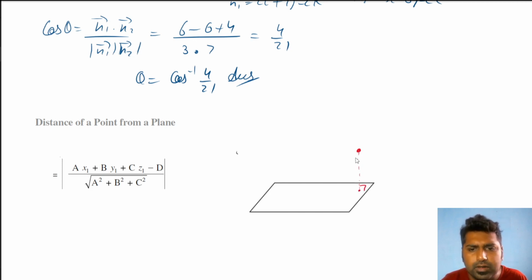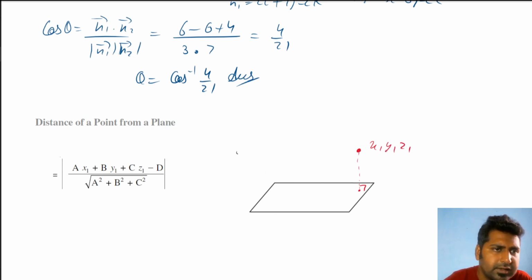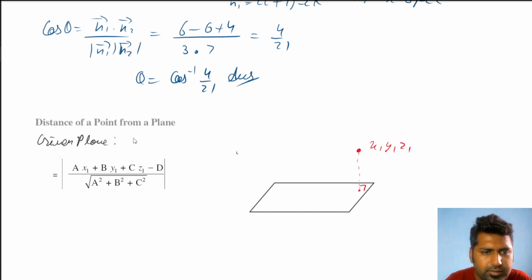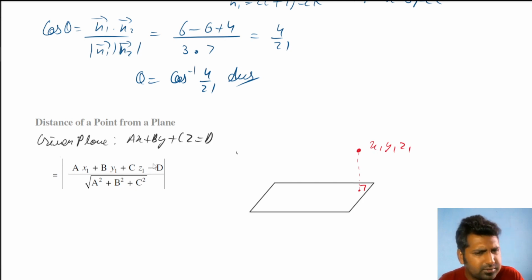This is some point x1, y1, z1. The equation of the plane is given: ax plus by plus cz is equal to d. And don't get worried if it is written in capitals, still the same thing.